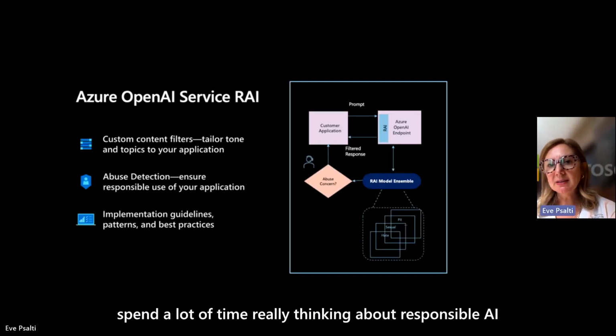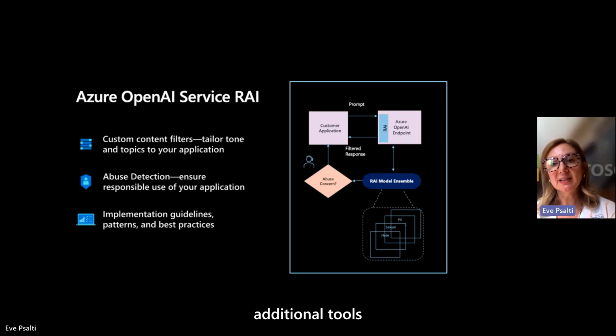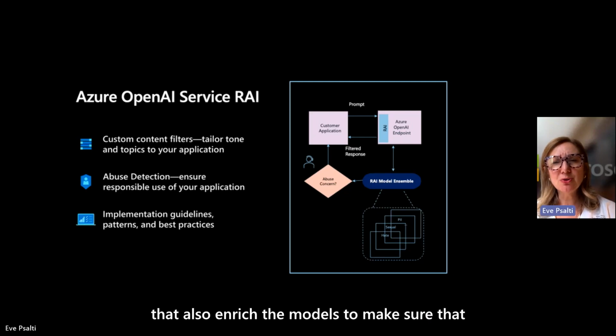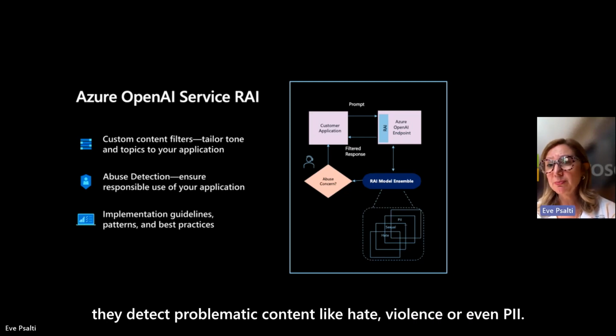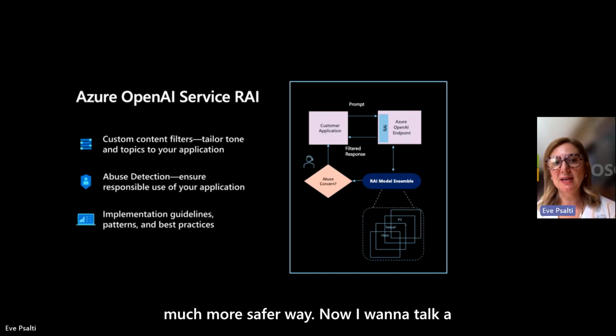And we did spend a lot of time really thinking about responsible AI components and considerations. We wanted to make sure that we provide additional tools and also enrich the models to make sure that they detect problematic content like hate, violence, or even PII. So you can really use it in a much safer way.